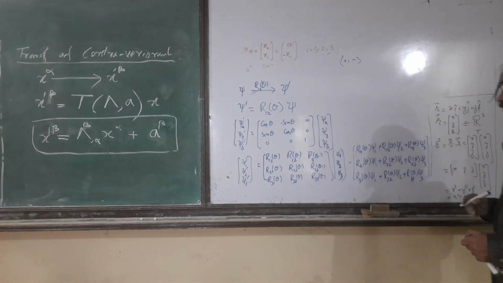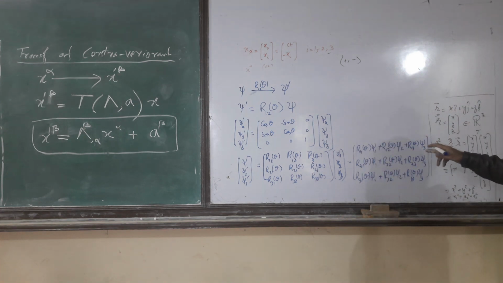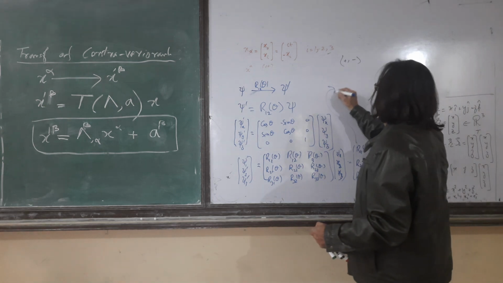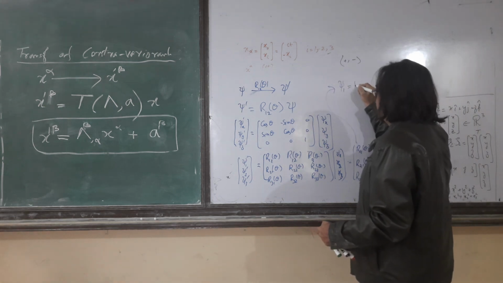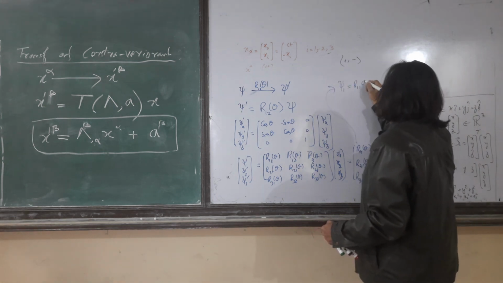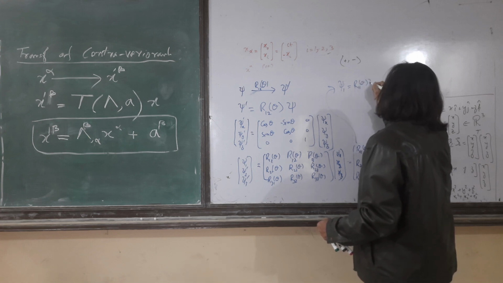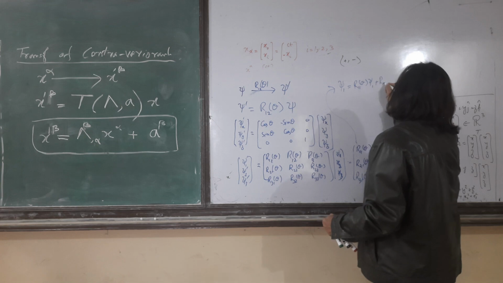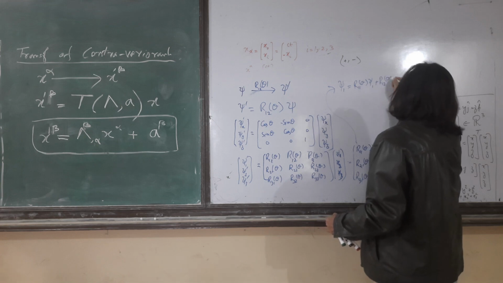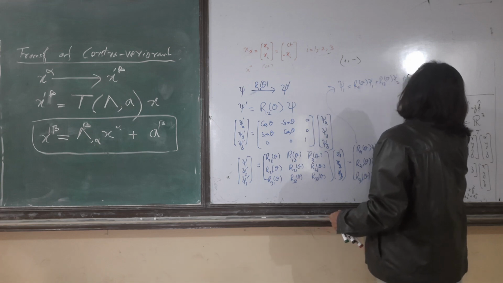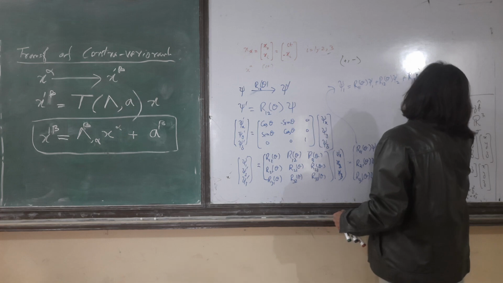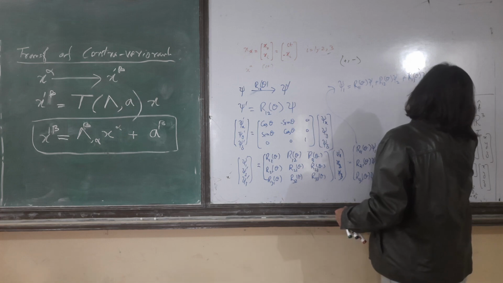From here you may see that psi 1 is R11(theta) psi 1 plus R12(theta) psi 2 plus R13 psi 3.